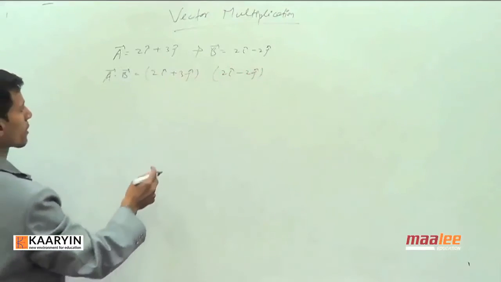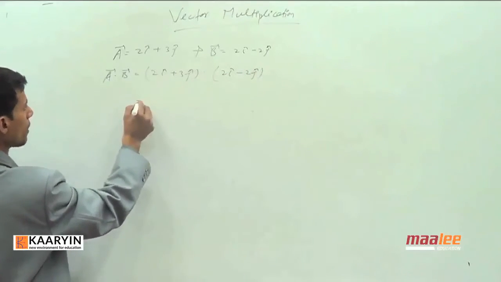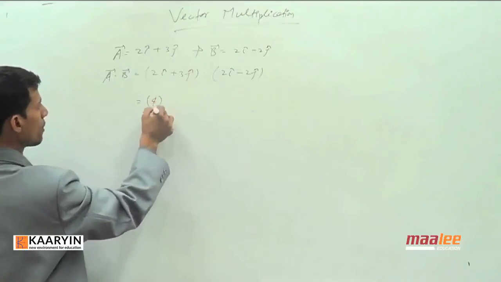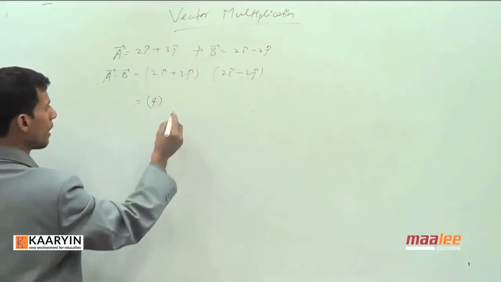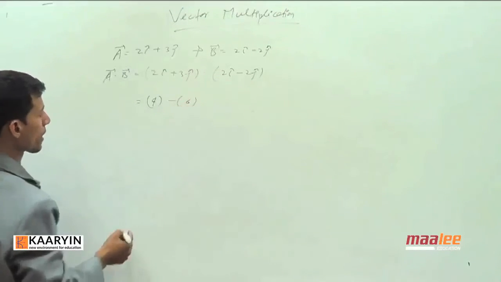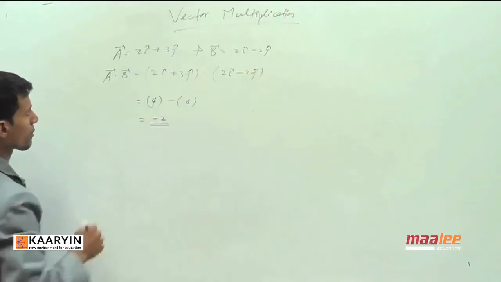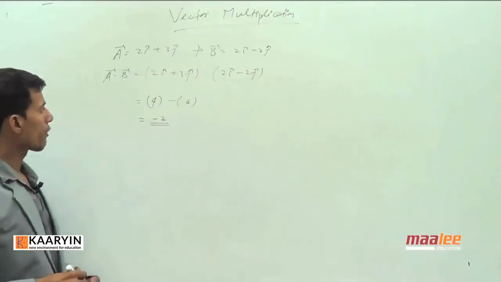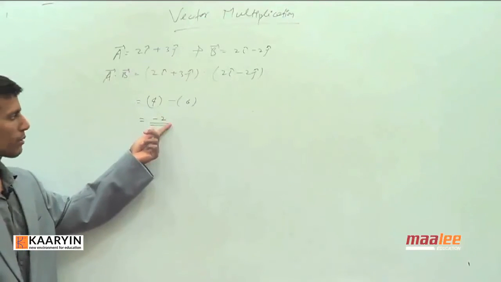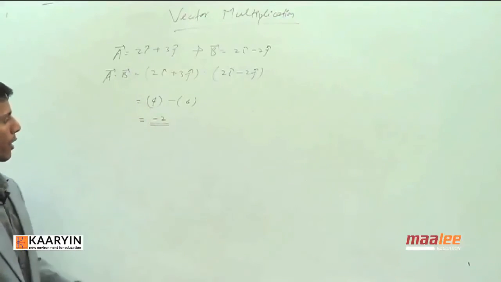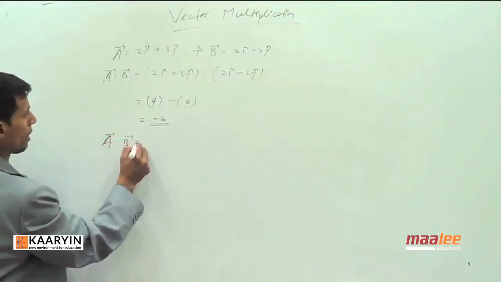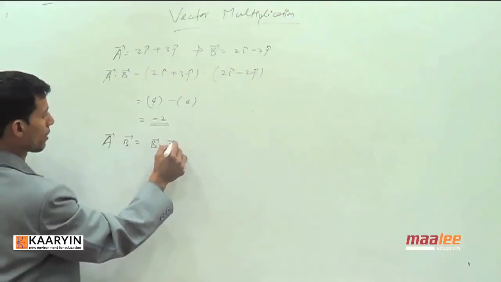Multiply i with i only, so 2 into 2 becomes 4. Multiply j with j, so 3 into minus 2 becomes minus 6. So the answer becomes minus 2. As you can see, minus 2 is a scalar quantity, which is why it is called a scalar product. You can also verify that A dot B equals B dot A.